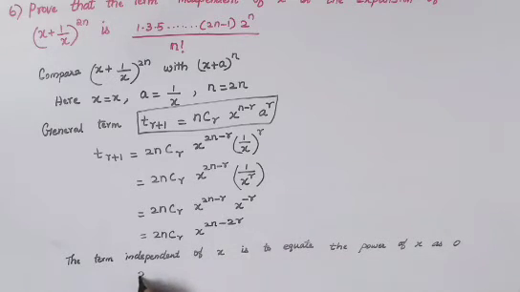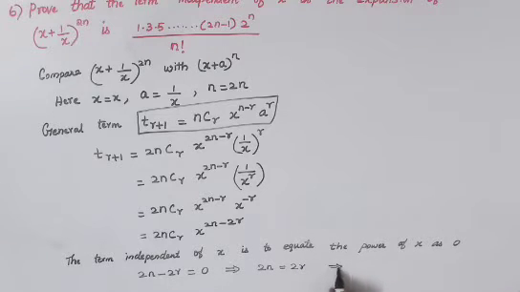So we'll get 2n minus 2r is equal to 0. That implies 2n, take this minus 2r towards your right hand side, you get 2r. Therefore you can cancel this 2 and this 2, so your n is equal to r.